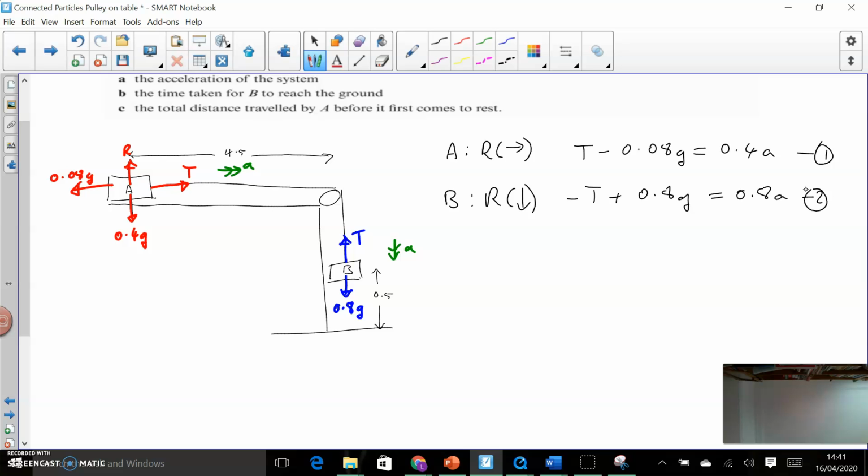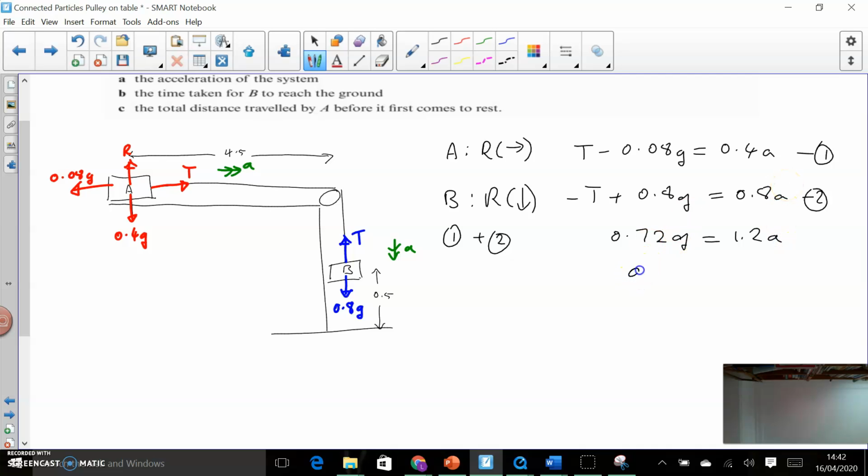So we eliminate T, we can just add up the two equations, 1 and 2. T will be eliminated, it will cancel, so we have 0.8g minus 0.08g, so that would be 0.72g equals 0.8 plus 0.4, so that's 1.2A.